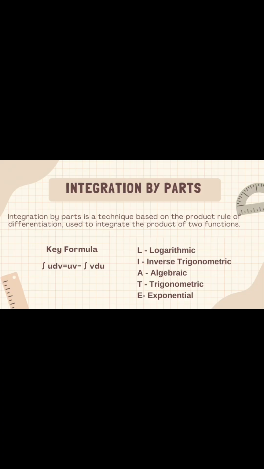We will not forget our acronym LIATE, which stands for L logarithmic, I inverse trigonometric, A algebraic, T trigonometric, and E exponential. This helps you to choose your u and dv. The rule here: whoever comes first in the acronym LIATE will be your u.